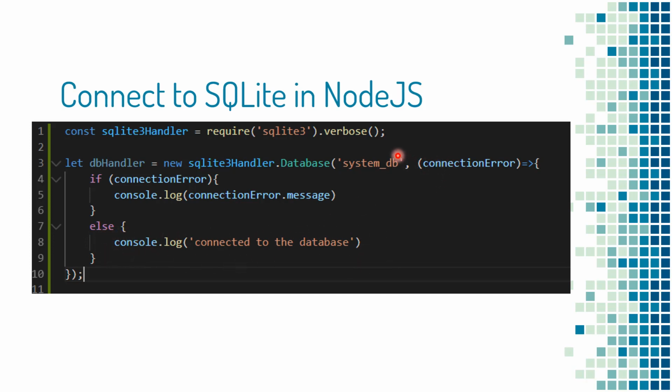The minimal requirement here is to go with database without any callback function. But in our case, most of the time you will really need a callback function to make sure there's no error when establishing the connection to SQLite.